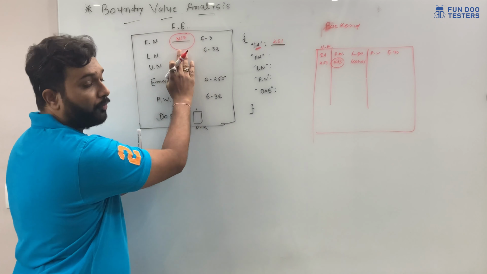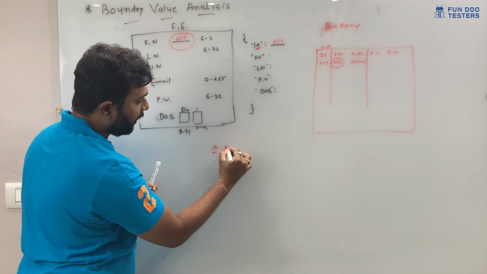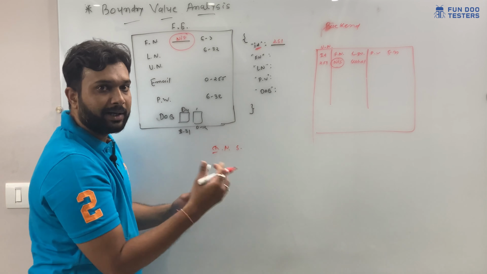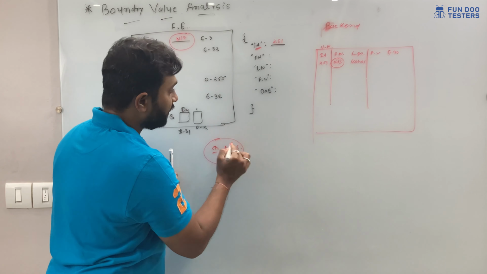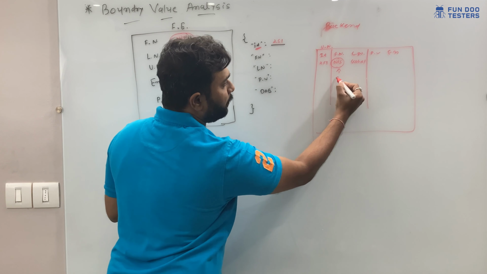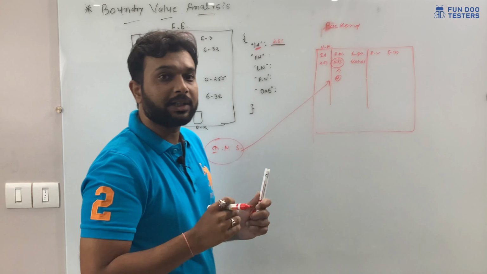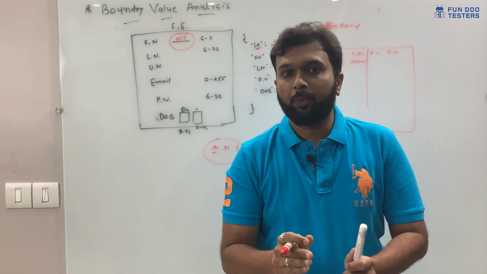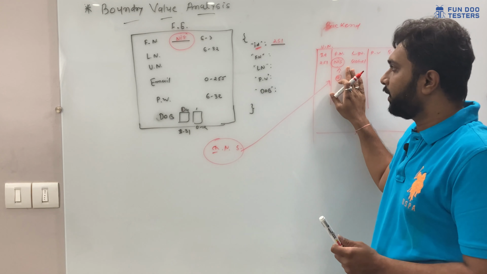For example, from the UI we are able to enter character values, numerical values and special characters, but the database is not designed in such a way that first name expects special characters. So whenever from the front end we are sending special characters to the back end, the application will crash or we will get some error message. So we have to make sure that whatever validation we have in the front end, the same validation we should have in the back end as well.